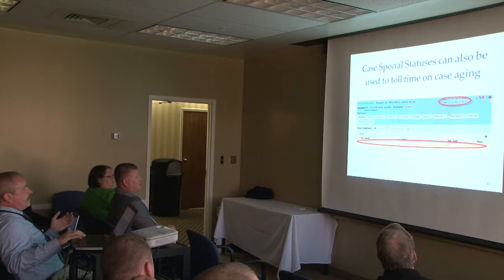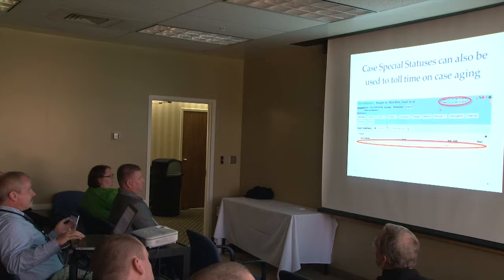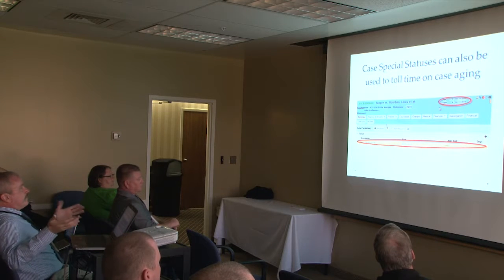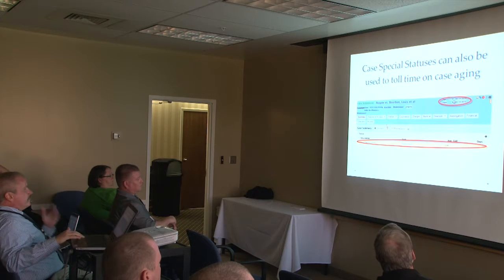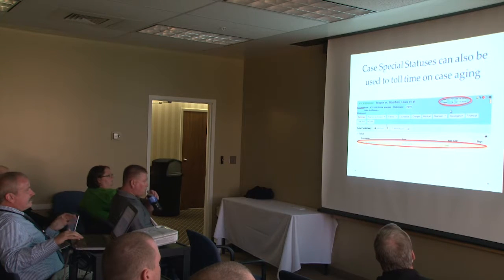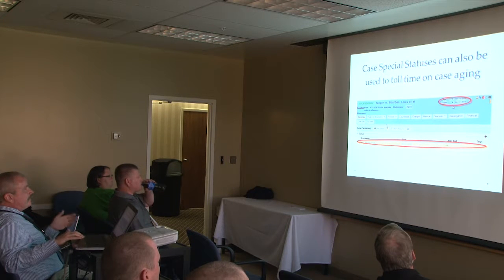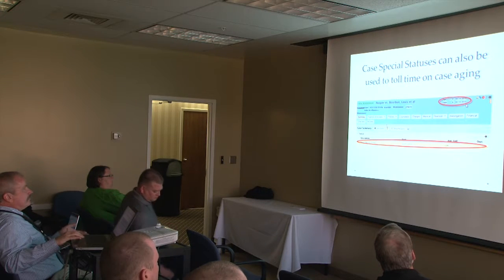So rather than let this case sit in the court's inventory, messing up their stats, which is legitimate, it's not the court's fault that this guy skipped. So rather than letting this case just sit out there at 1,618 days old and have people go, why can't you dispose of this case? Well, we don't have the guy. It's a criminal case and he fled the jurisdiction. So legitimately, there's nothing the court can do.